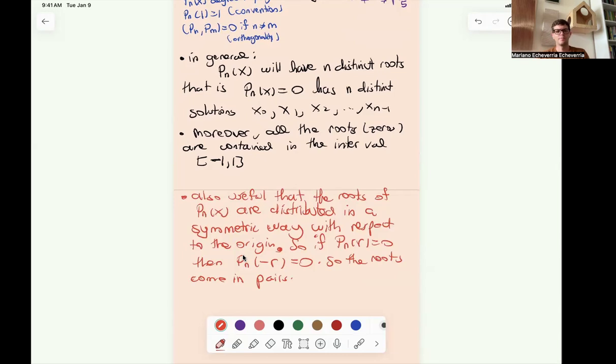And the other thing that's nice about them, which is also what I was showing you in the animation, is that they accumulate towards -1 and 1. So they're not uniformly spaced.